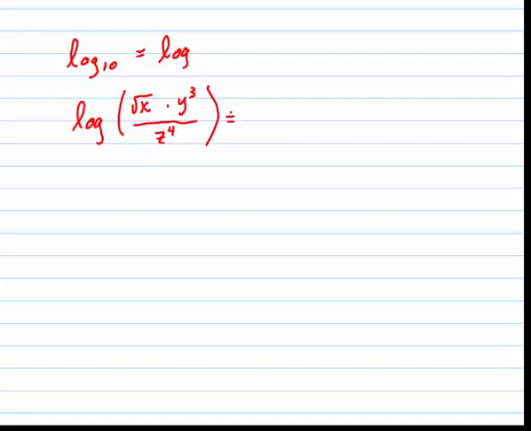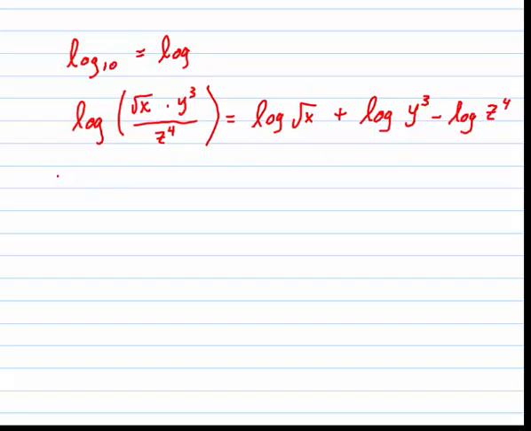If we use our rules, that's going to be equal to the log of square root of x, plus, when we multiply we just add, the log of y cubed, and when we divide we subtract, so minus the log of z to the 4th.